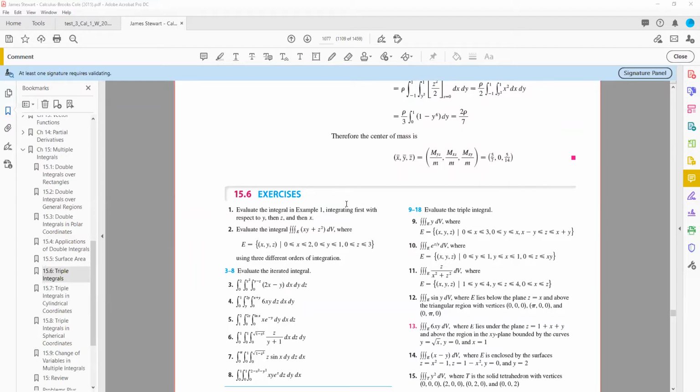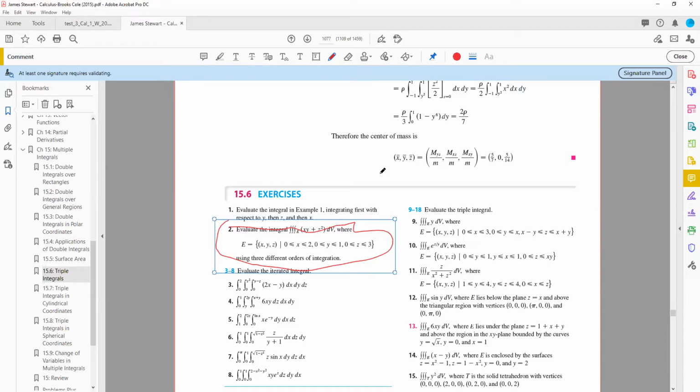Evaluate the triple integral of xy plus z squared dV above the region defined, so I'm doing question number 2.